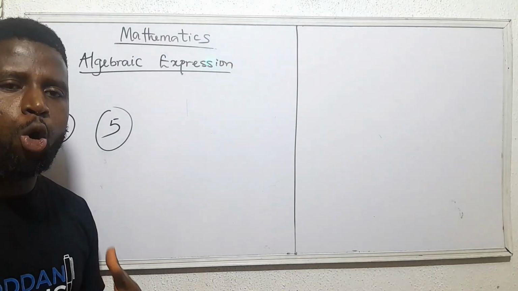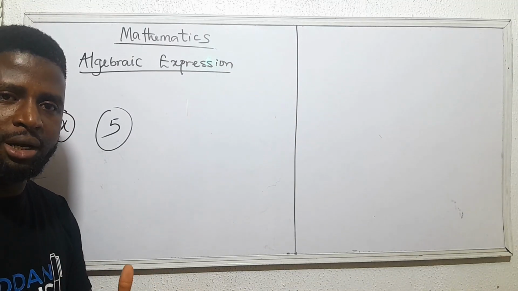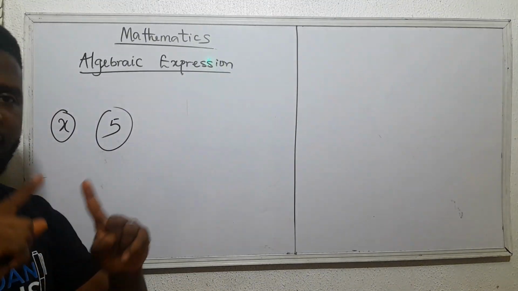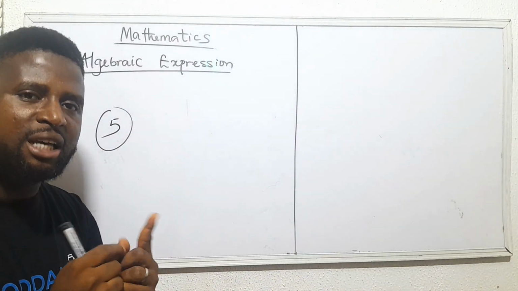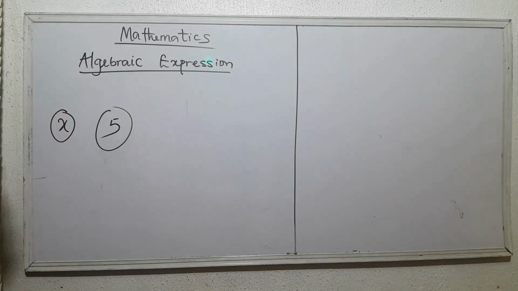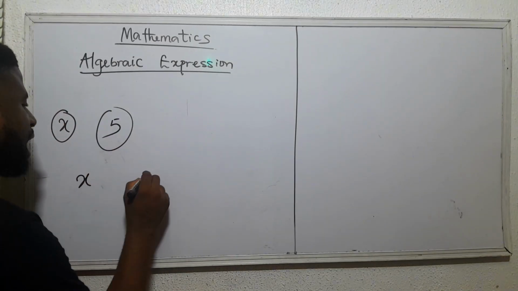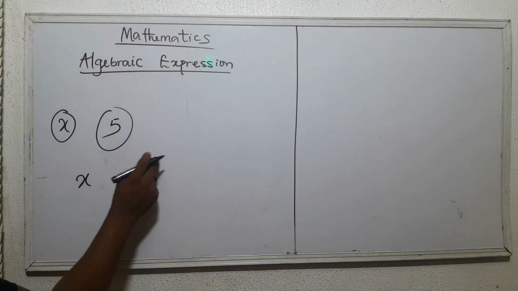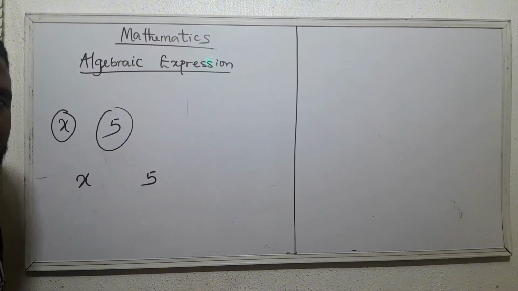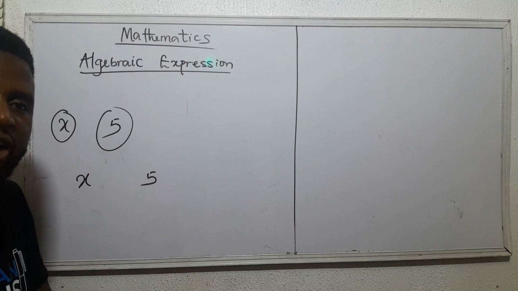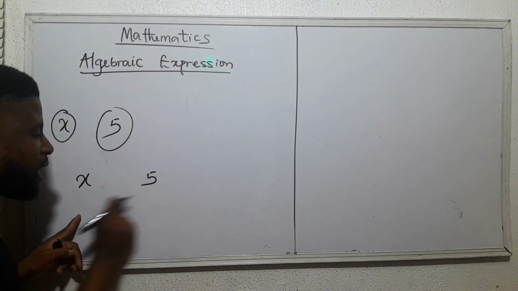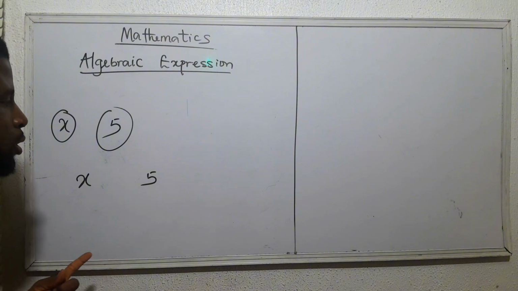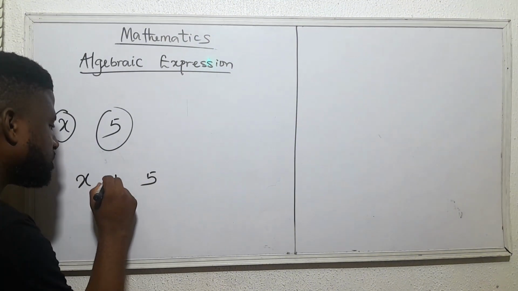However, we can also have more than one term to be an algebraic expression, but these terms have to be connected by an operator. So if I have, for example, x and 5 as an algebraic expression, these two together can now be called an algebraic expression when both of them are connected together by an operator, say plus, for example.